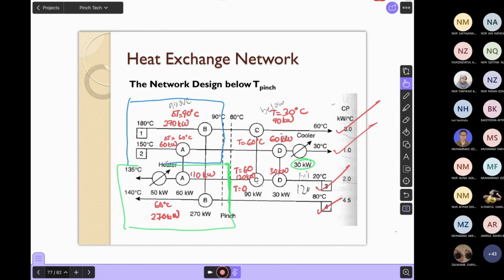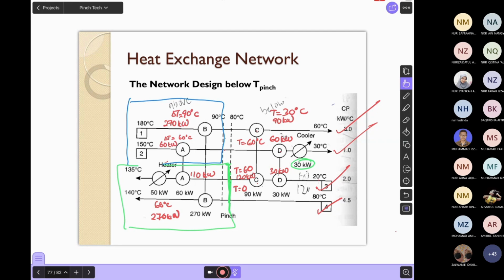So therefore you need to decide that when you talk about hot stream, the pinch temperature should be higher, which is 90 degree, and the cold stream temperature should be 80 degree. So that one, if you took delta T minimum to be 10 degree Celsius.